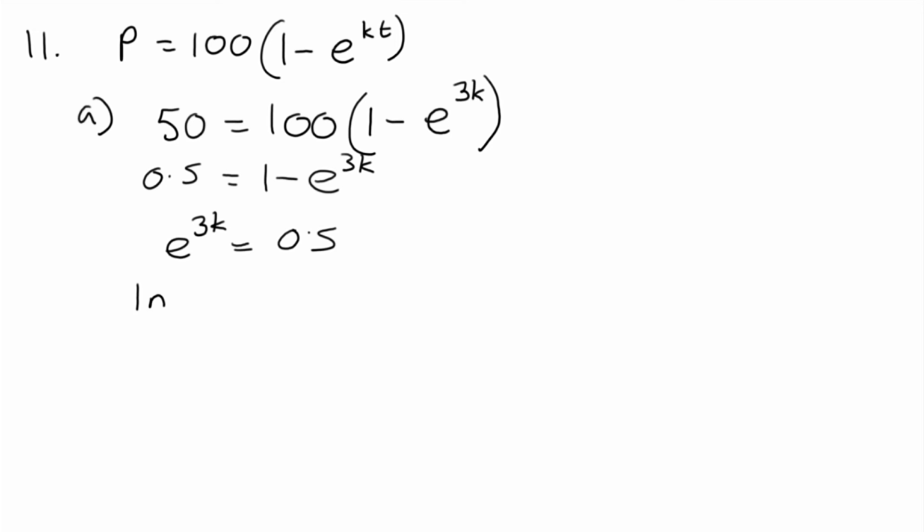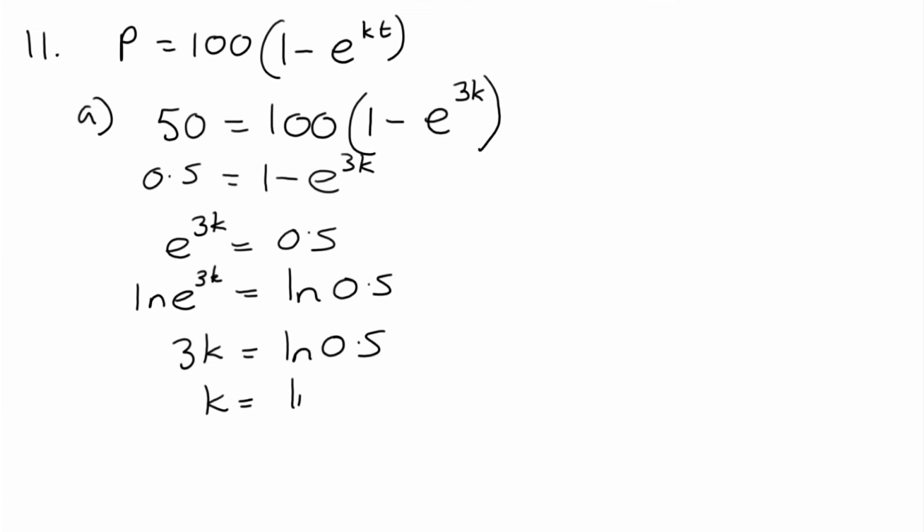Now I'm going to take ln of both sides. ln e cancels, and you can just bring the power down to the front. That's the whole point why we do it. So 3k equals ln 0.5, and now k will just be a division by 3, and we get negative 0.231. So that's our k value, negative 0.231.